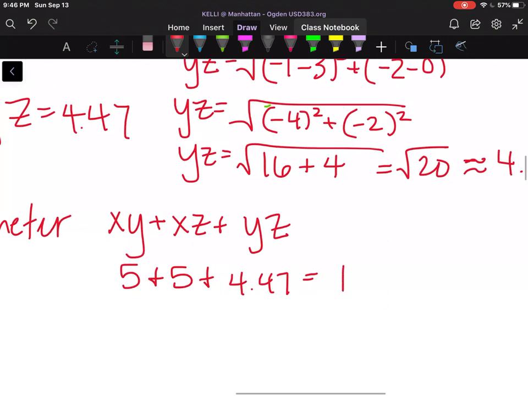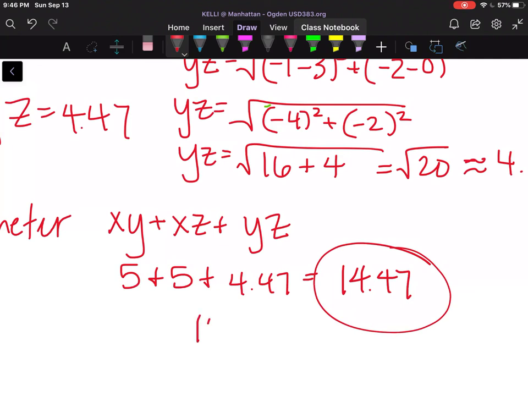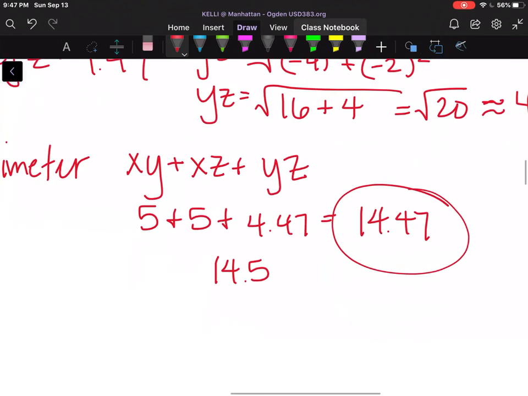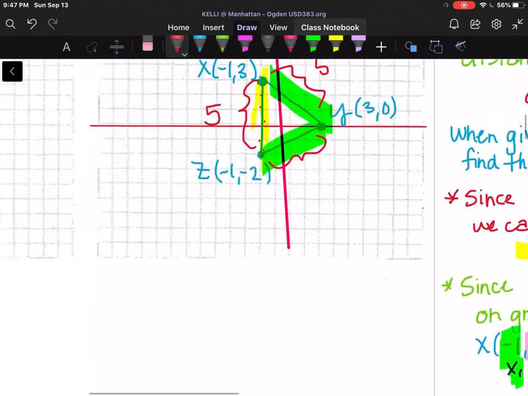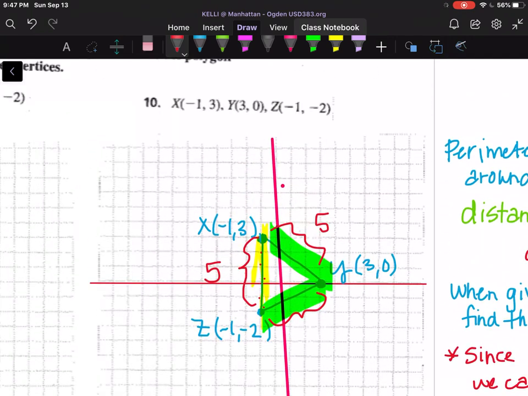So 14.47 should be, and I don't know, I got to check Big Ideas and see exactly if it rounds or not, but you could try either one of those. So that's an example for problem 10 in your assignment.